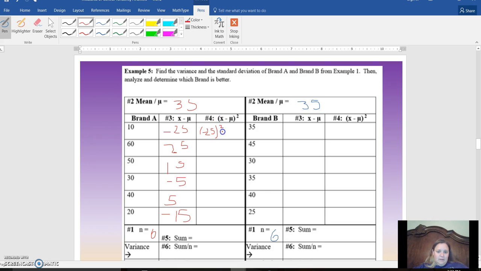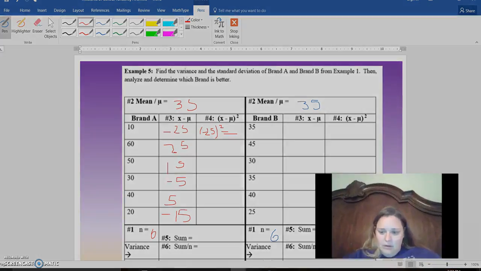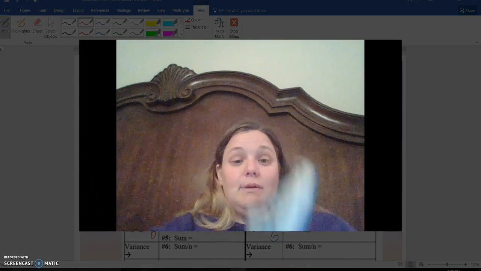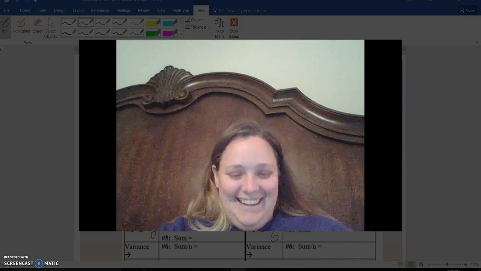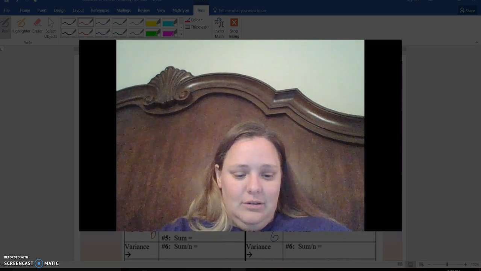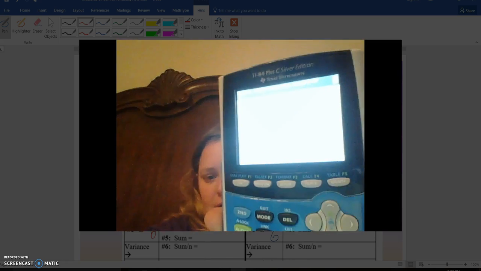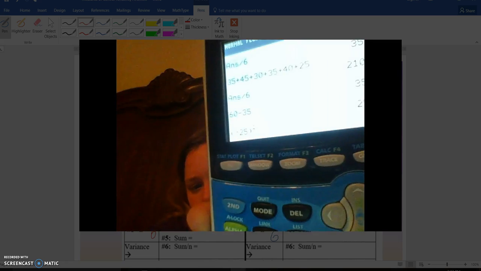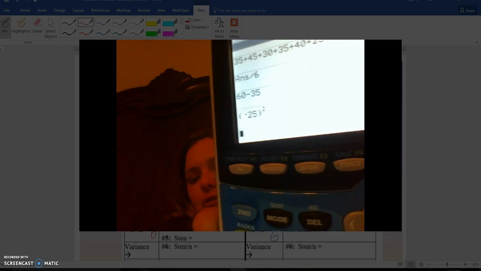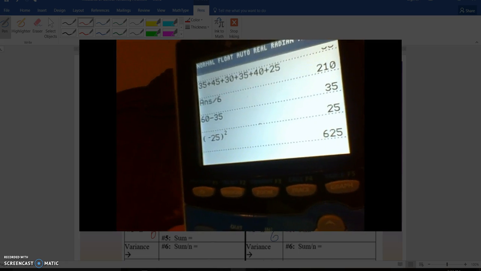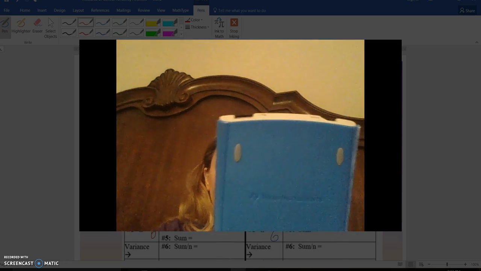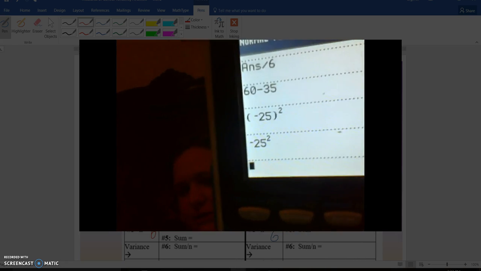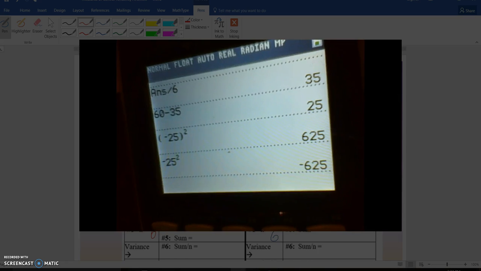I'm going to do that number squared, so it will tell me 625. If you just do negative 25 squared on the calculator, it's not going to do it correctly.